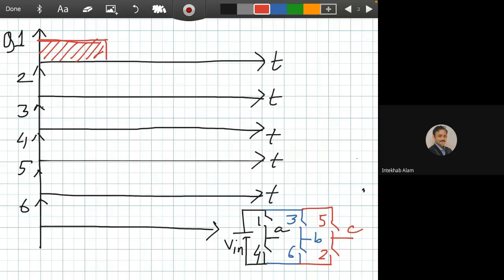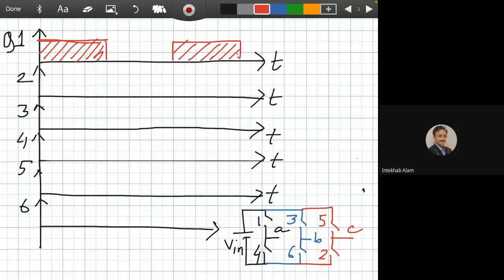So there will be a gap of 180 degree, and then again it will conduct. The time allocation for Q1 is in this fashion. We can make the conduction angle lower, but we cannot make the conduction angle more than 180 degree. This is the allocated time for switch 1. Do you have any question regarding this part?